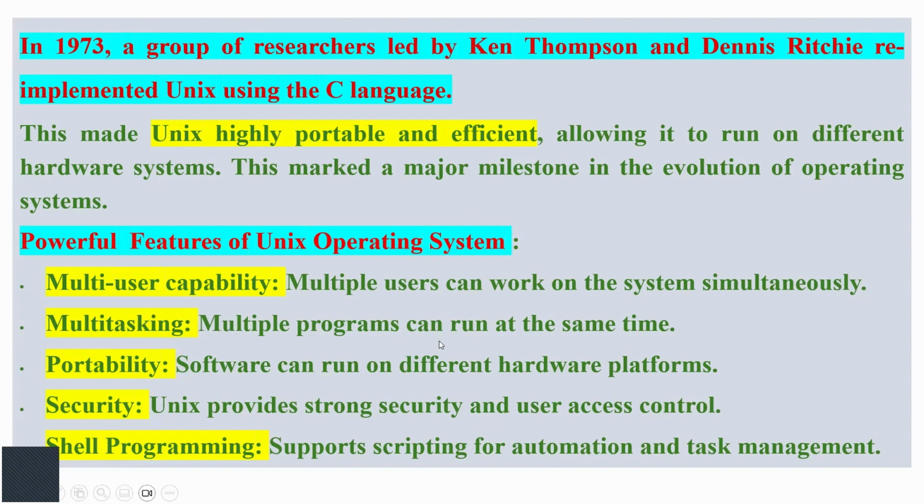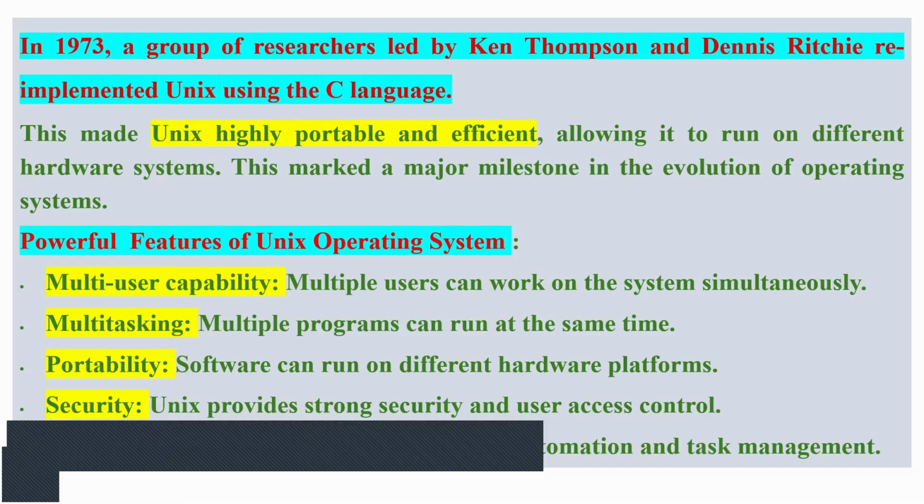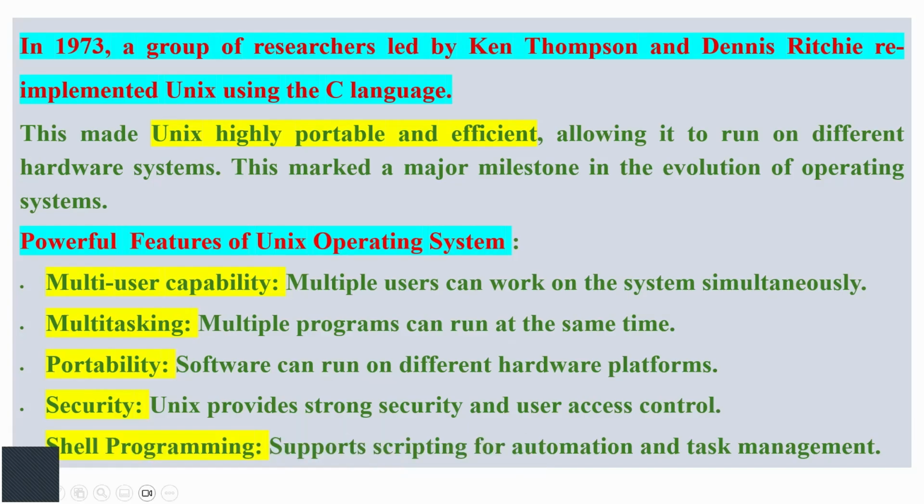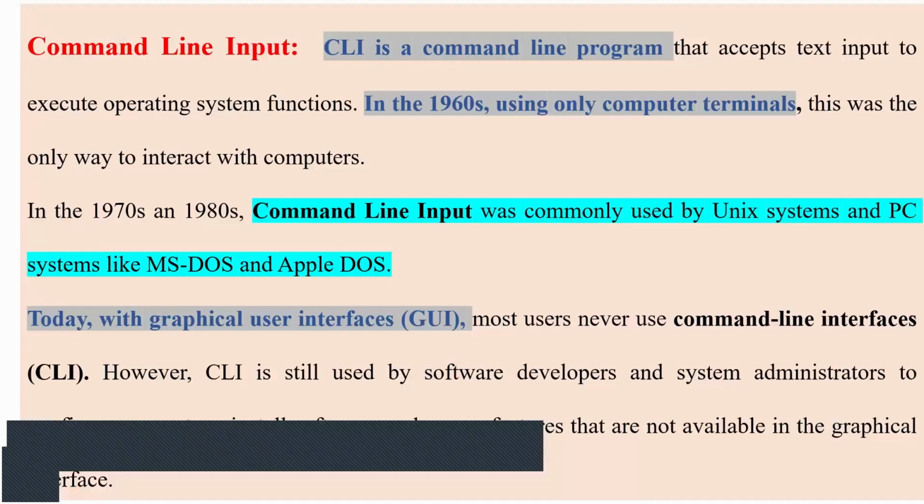Multitasking, where multiple programs can run at the same time. Portability, where software can run on different hardware platforms. Security, where Unix provides strong security and user access control. Shell programming supports scripting for automation and task management. So these are the features of Unix.